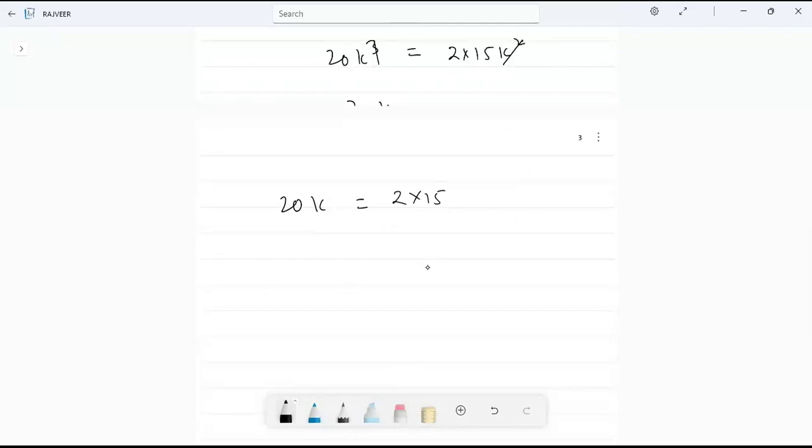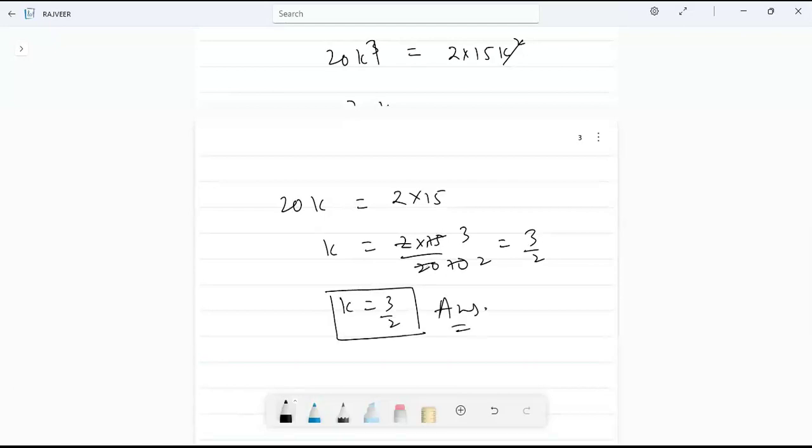So value of k comes to 3 over 2. K equals 3 over 2. This will be the answer. Got it, Rajveer? Yeah.